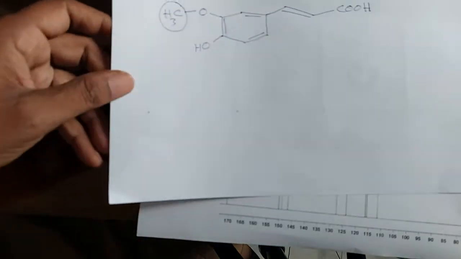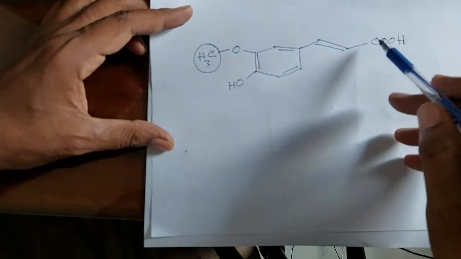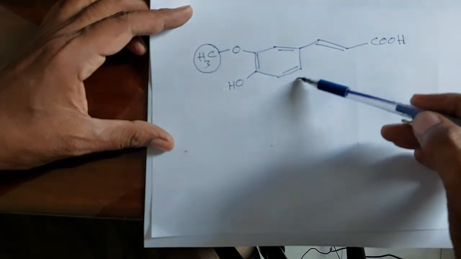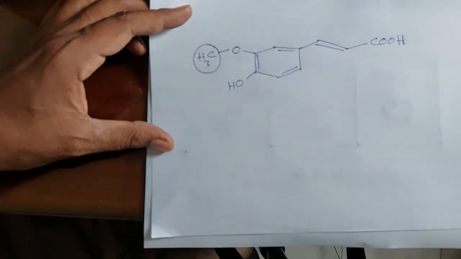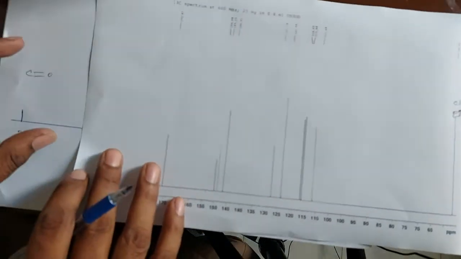So according to the structure, we have carbon double bond carbon, and these regions will appear between 100 to 150.